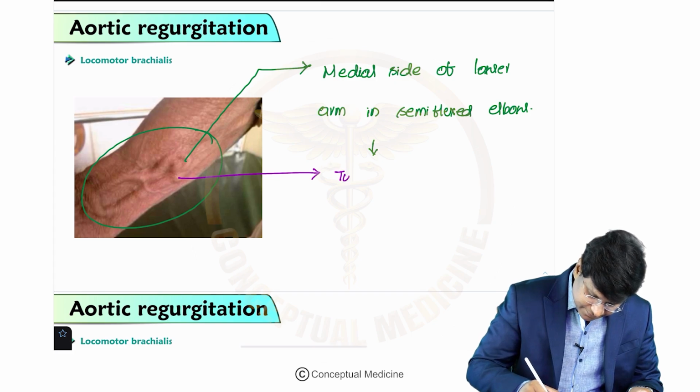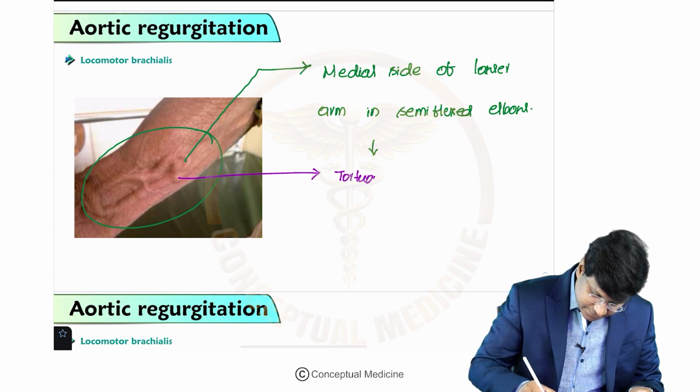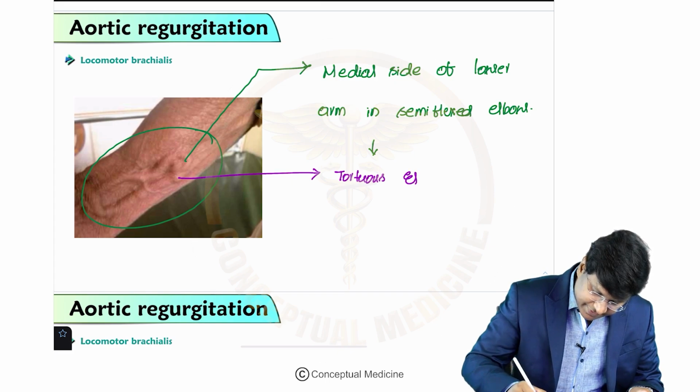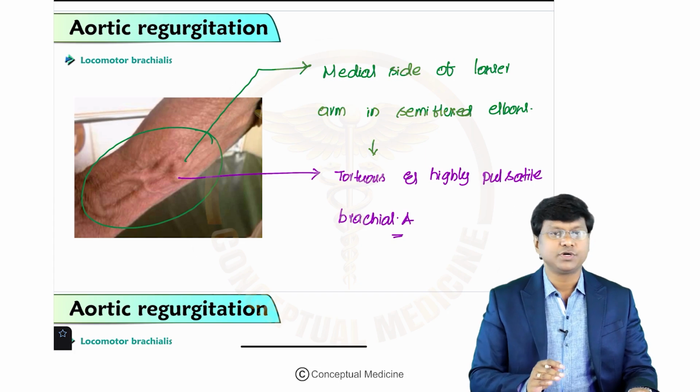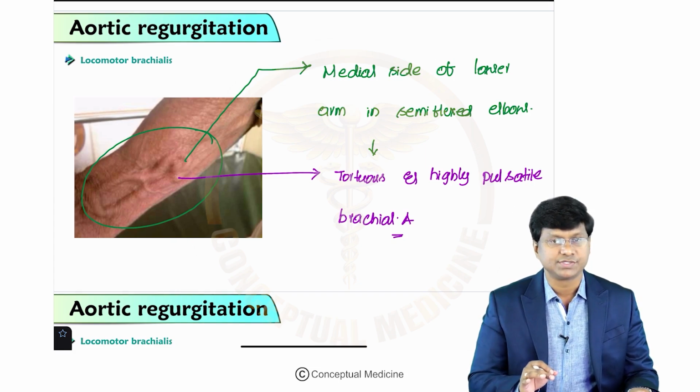tortuous and highly pulsatile brachial artery. Right, highly pulsatile brachial artery. That is what is your locomotor brachialis, right?